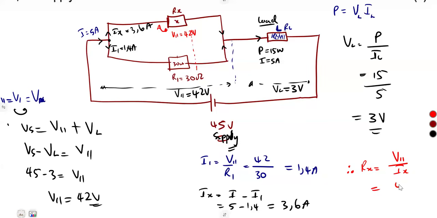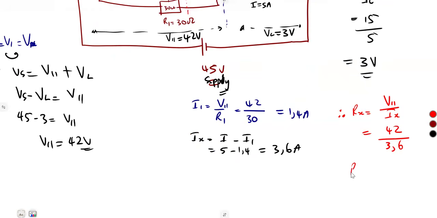We have the voltage of 42. Our current is 3.6 amps. So this is going to give us the resistance of the unknown resistor, 11.667 ohms. That's our unknown resistor. So that is the idea.